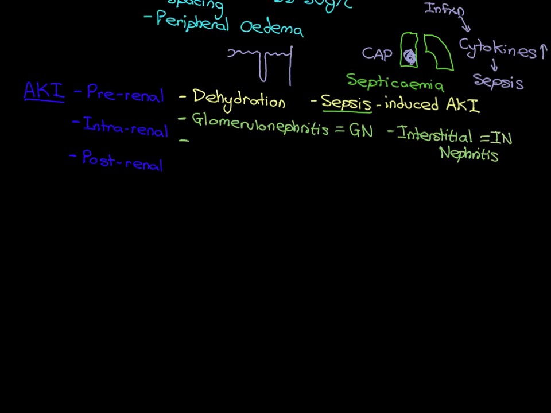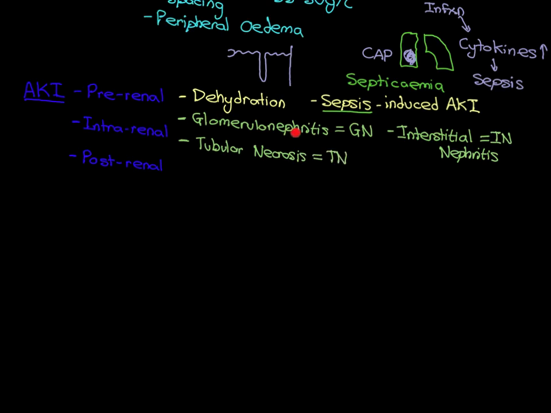So the most common, but still rare compared to the pre-renal causes of AKI, the most common cause of intrarenal AKI is tubular necrosis. And if it's acute, we would call it acute tubular necrosis, which is where cells of the renal tubules die for some reason, and we'll talk about the different reasons later on.